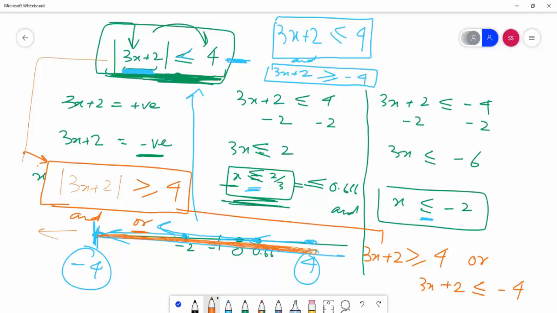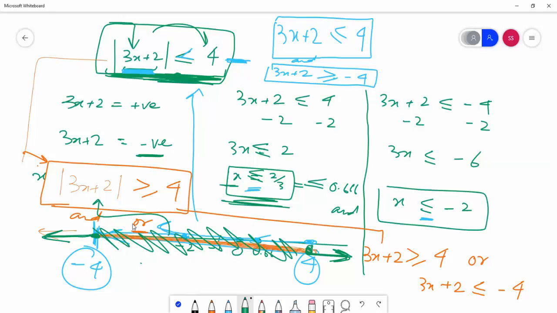That means those values will be greater than or equal to 4, going towards the right, or less than or equal to negative 4, going towards the left.